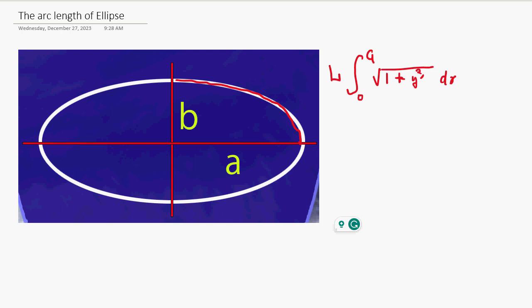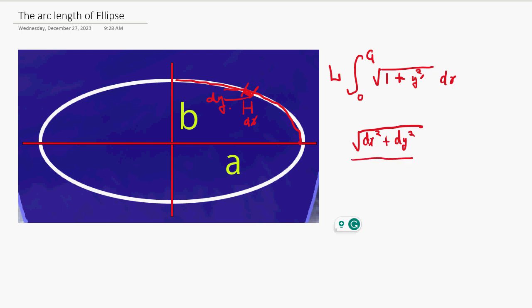The length is going to be the square root of dx squared plus dy squared, right? That's the length on the curved line segment, with dx and dy and the Pythagorean theorem.